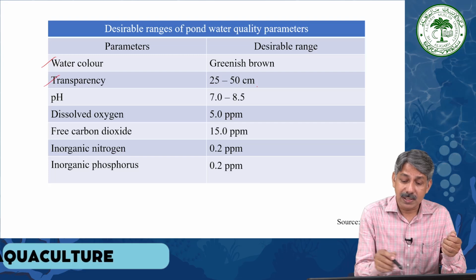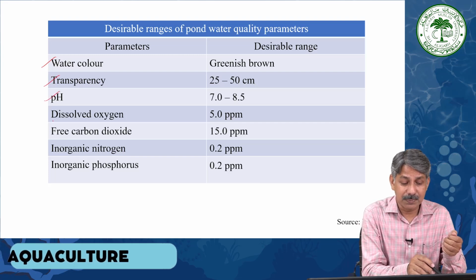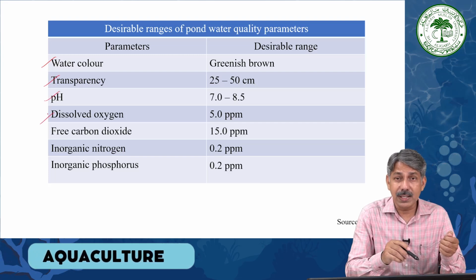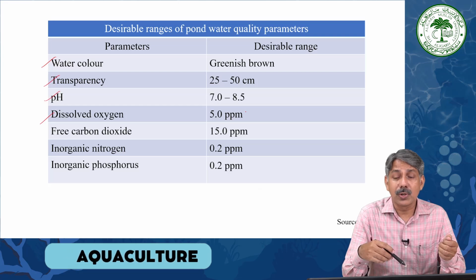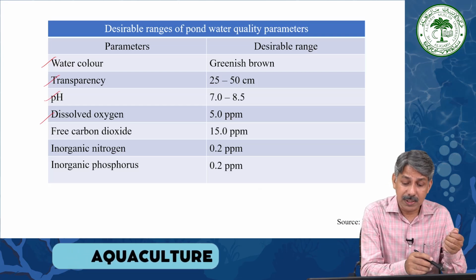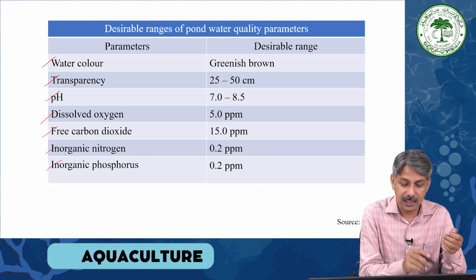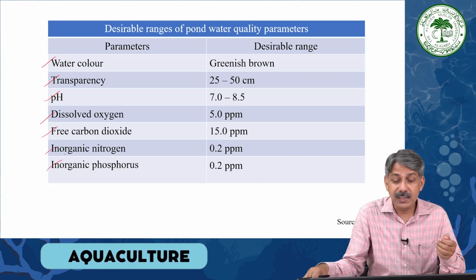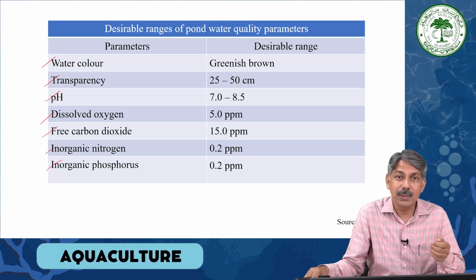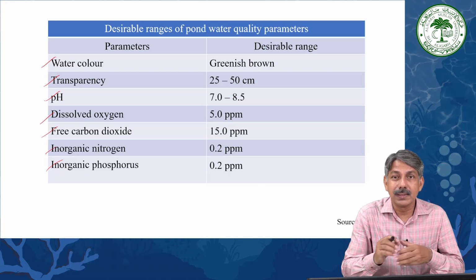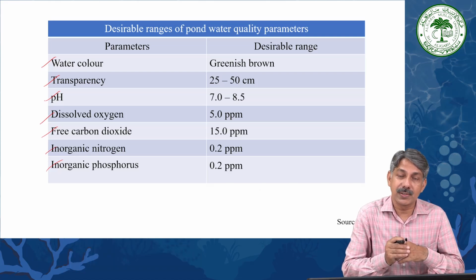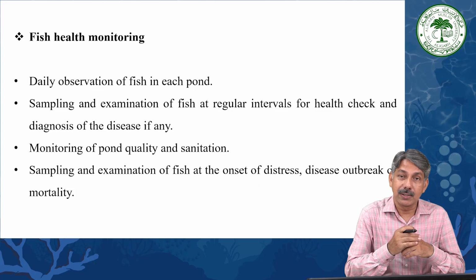Transparency, how much transparency should be there, what should be the pH. DO is very, very important, it should not go below a limit. And then free carbon dioxide, then likewise inorganic nitrogen and phosphorus. These things you will have to keep in check. If you keep these parameters in the optimal range, then of course the productivity of that pond will be very good.